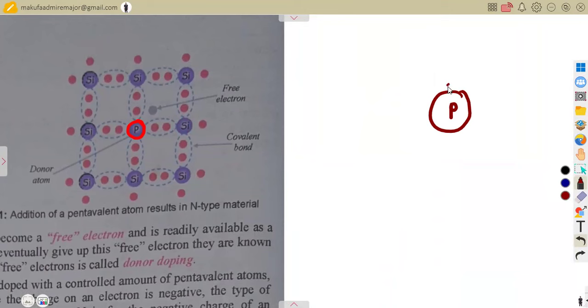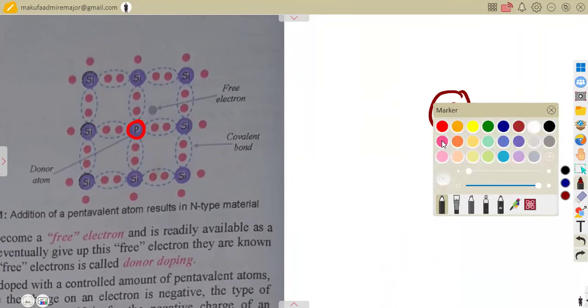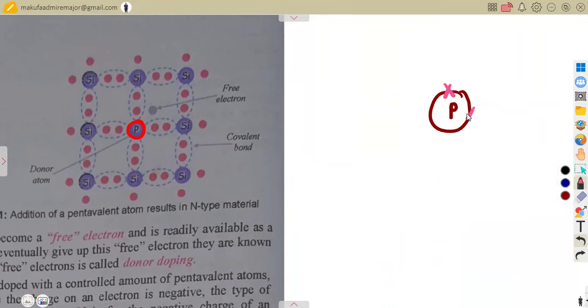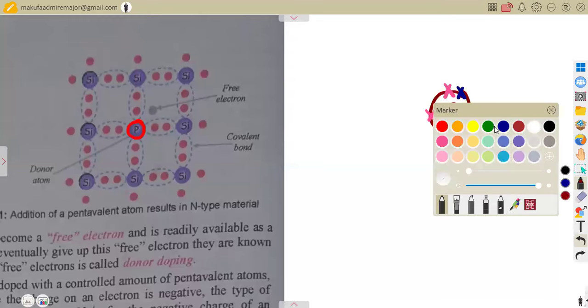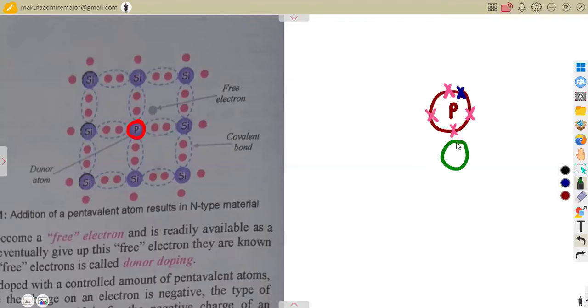In the outermost shell, there are 5. But remember that a silicon has 4. So we are going to have a silicon here, here, here, and here.